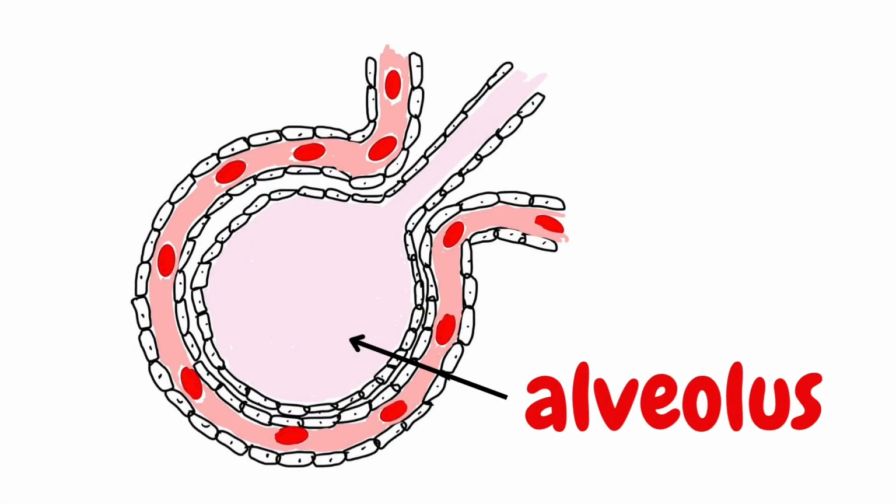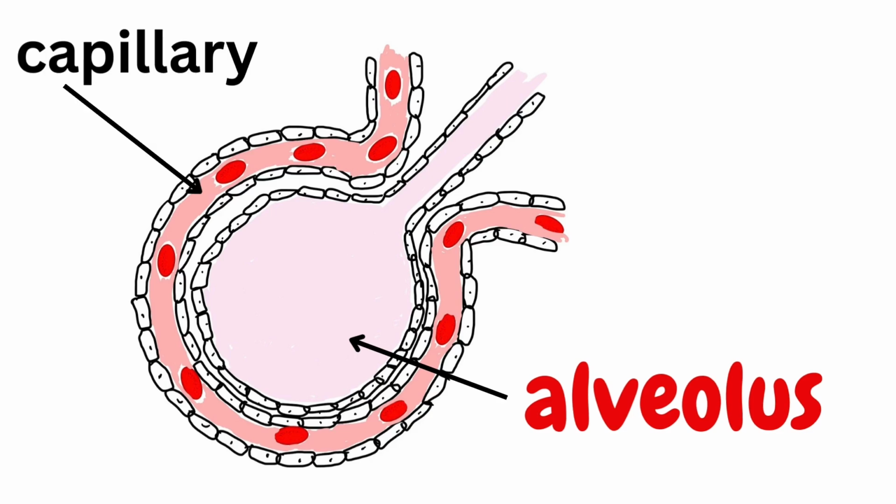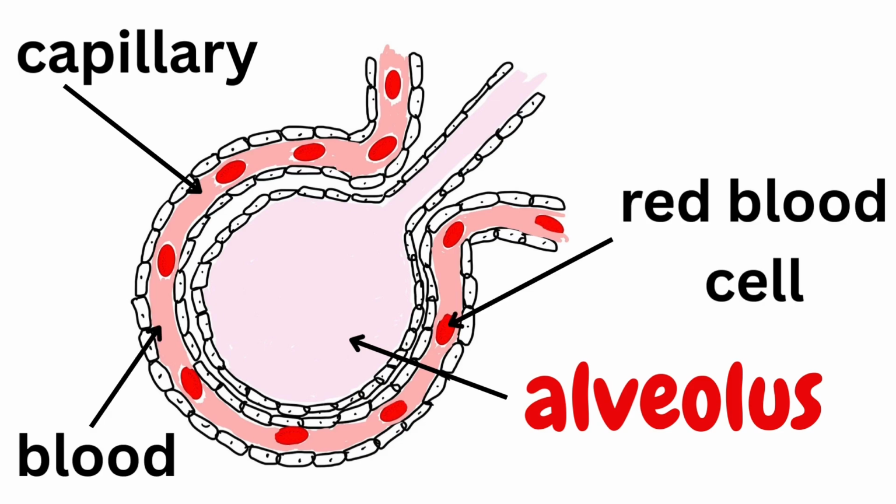We're now going to zoom in and just look at one of the alveoli. So when we're talking about just one of them, we call it an alveolus. In this diagram, you can see one of the capillaries wrapped around the alveolus. The capillary contains blood, and the blood contains red blood cells. The blood is flowing through the capillary, so this means that the red blood cells pass the alveolus and can pick up oxygen gas.